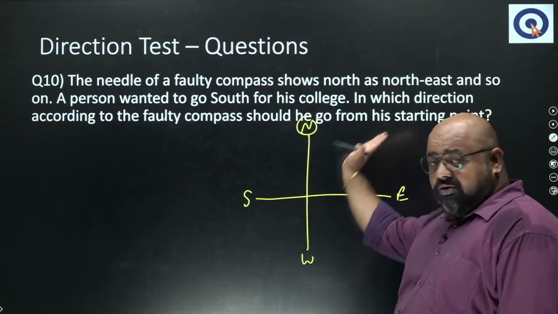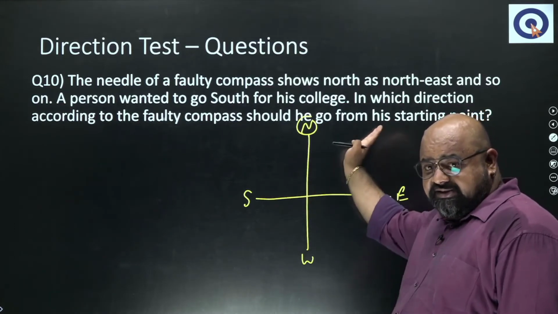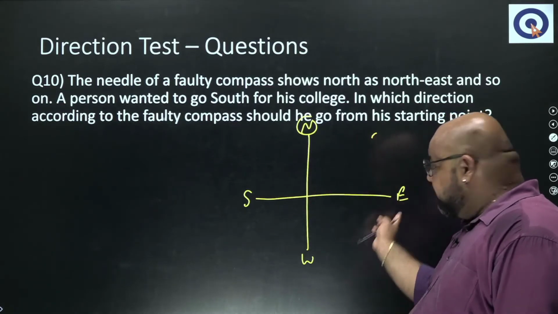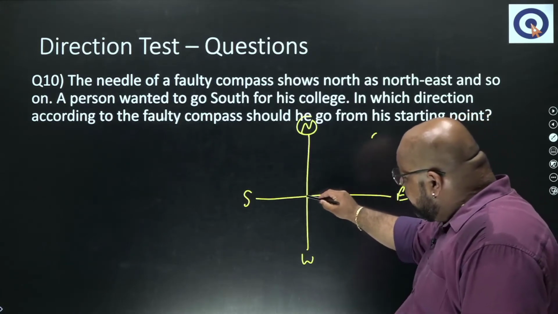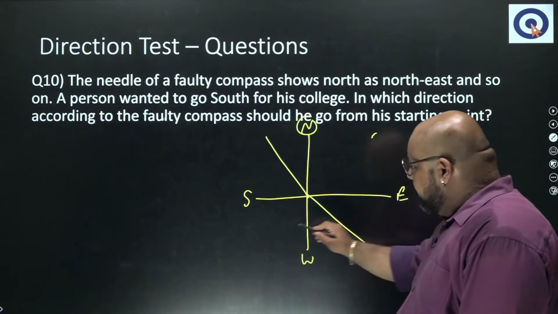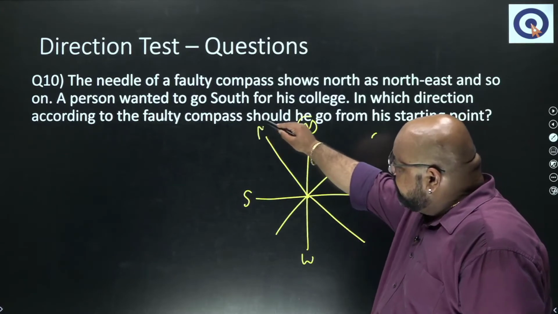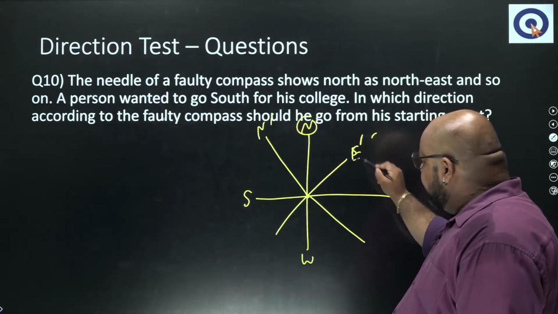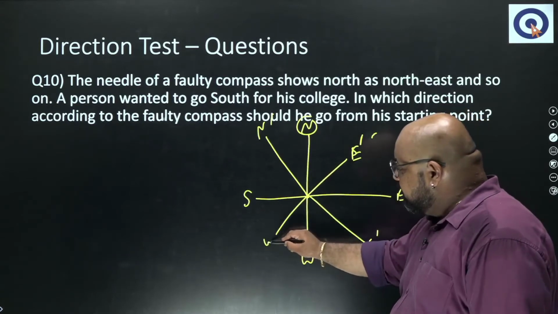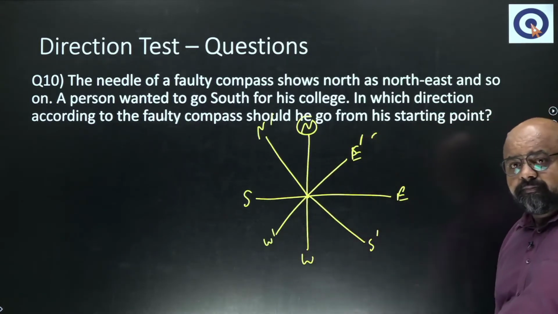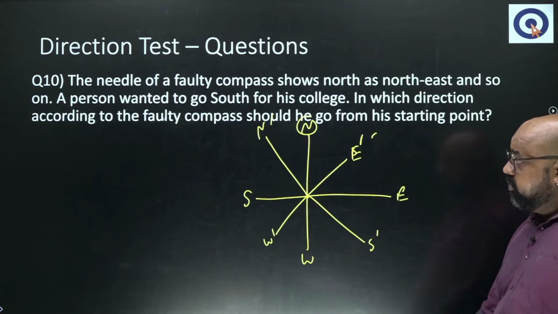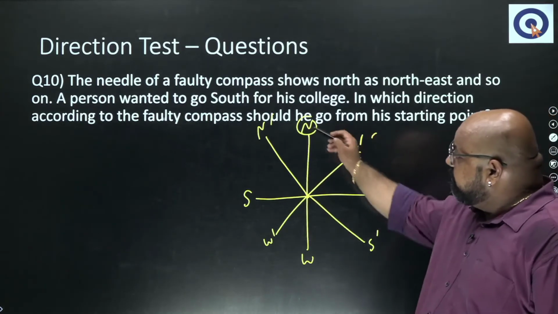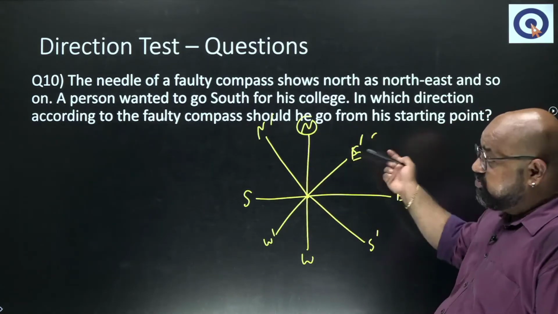If I draw north on this line in this direction, east will come out here, this will become northeast. Therefore, for the faulty compass, this has to be north, this has to be east. I'll put a dash on top. And therefore, this has to be south, this has to be west.